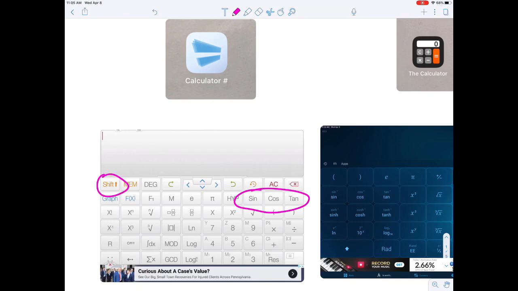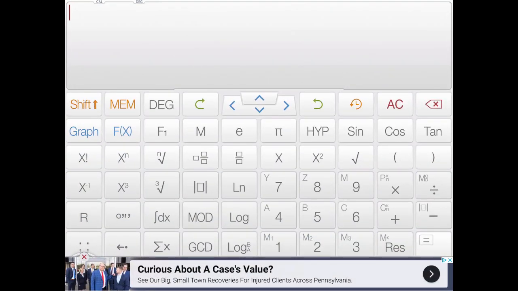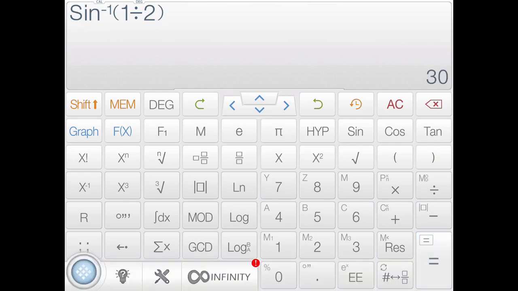So you're going to have to use the shift button and watch what that looks like. If I open up the app, when I click the shift button, you'll see the sine, cosine, and tangent all shift to their arc sine, arc cosine, or arc tangent. And here's how it would work. The arc sine of 1/2, which is the one we already discussed, equals 30.